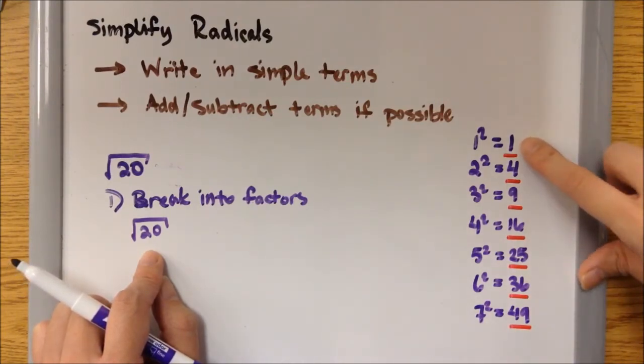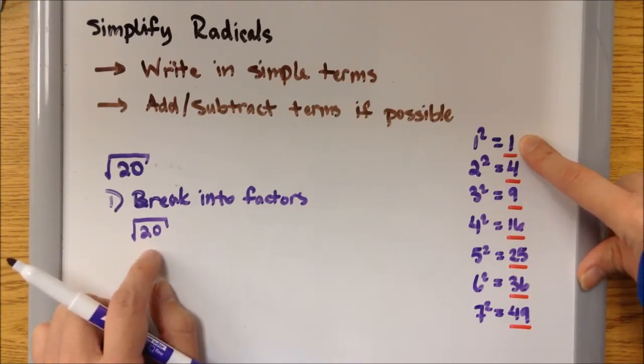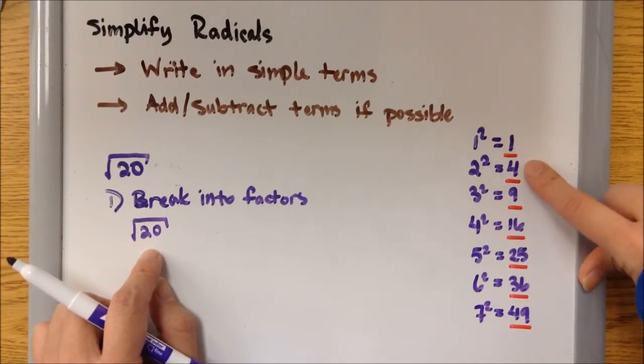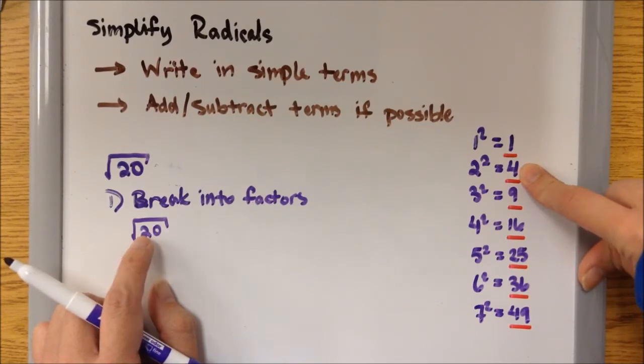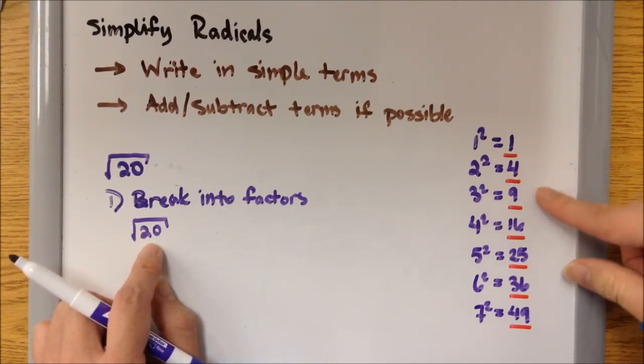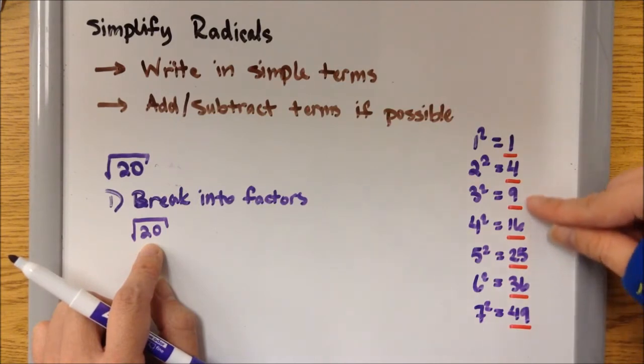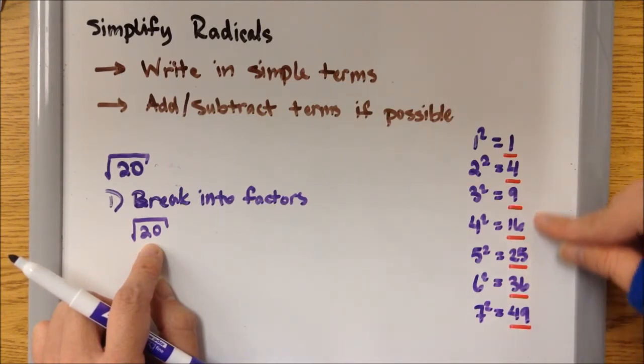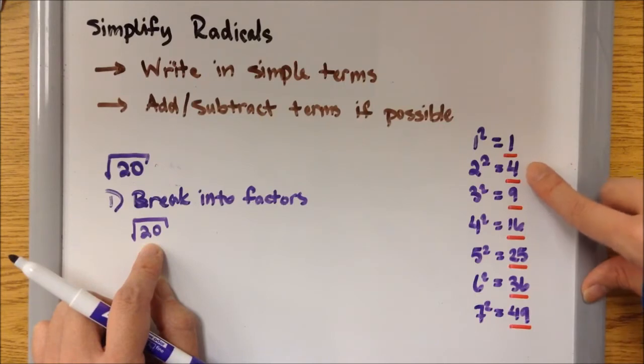Now we could use 1, but 1 times 20, you're going to end up in the same position as before, so we're not going to use that. But what we could use is 4, because 4 times 5 will equal 20. There are no other higher perfect square numbers that will multiply into 20, so we're safe to use 4.